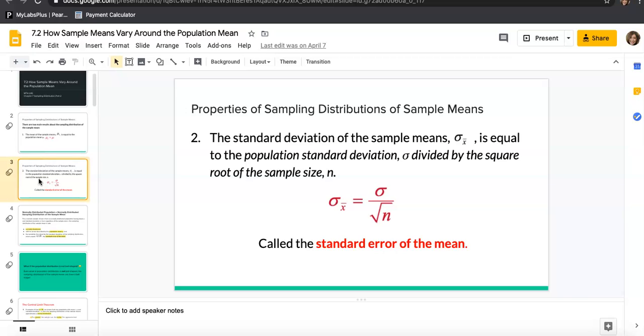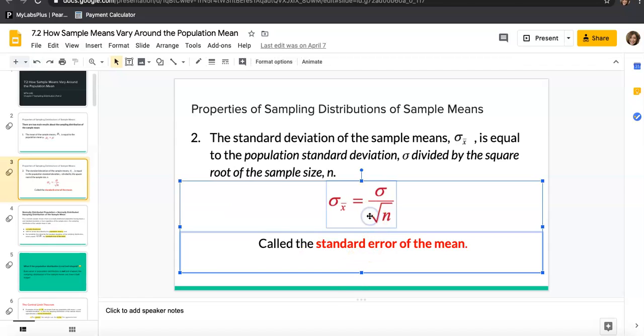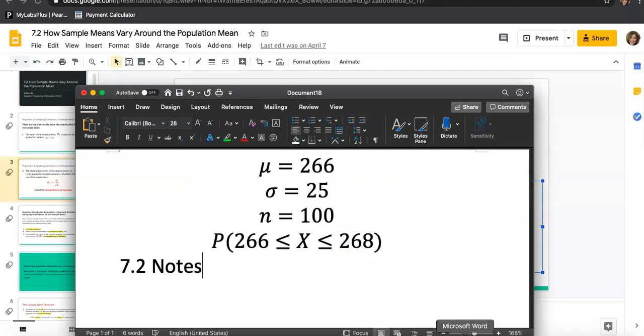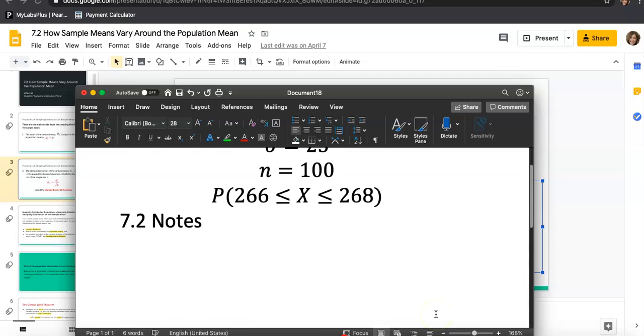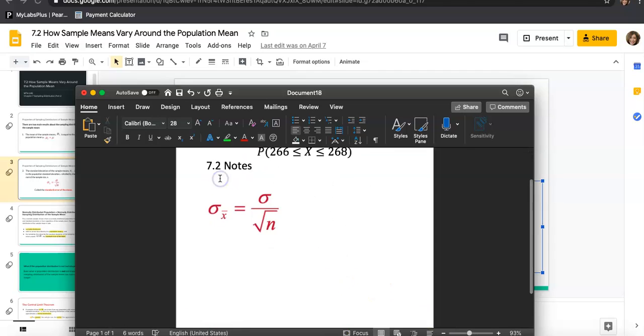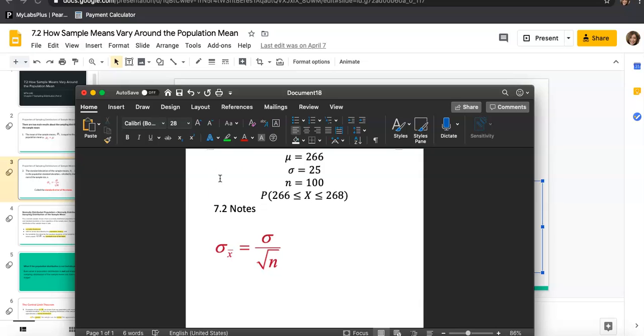This was called standard error of the mean, and this one was population standard deviation divided by square root of the sample size n. Now this is what you need. This is what you're going to have to first figure out in order to use the normal distribution calculator on StatCrunch. That's what I'm going to do now, okay?